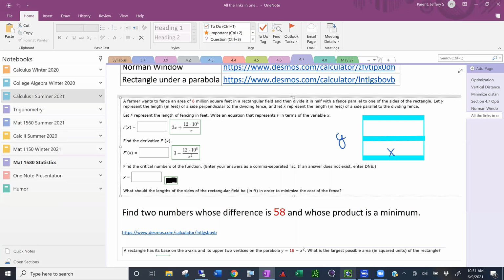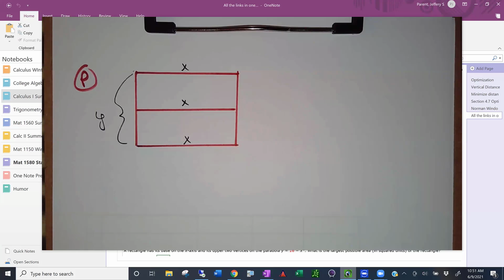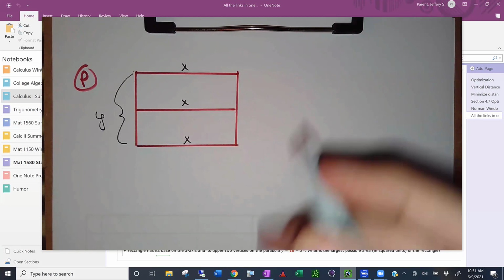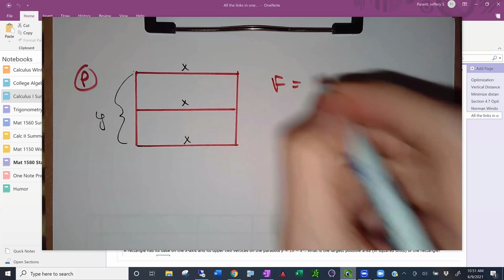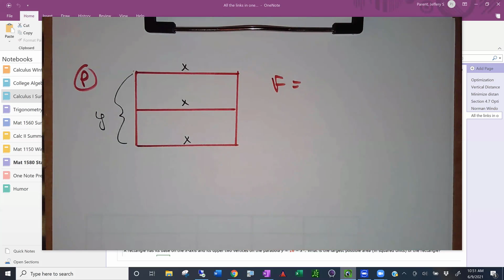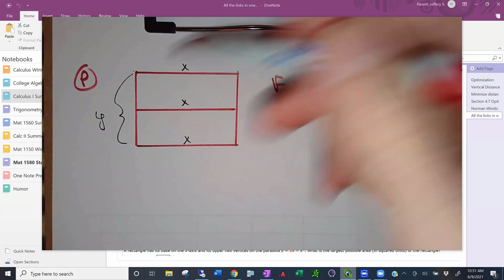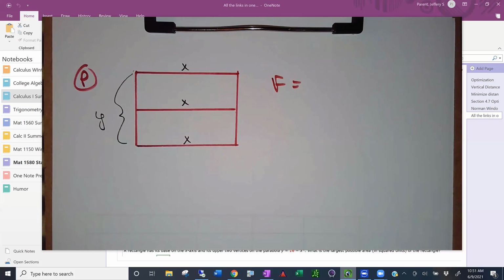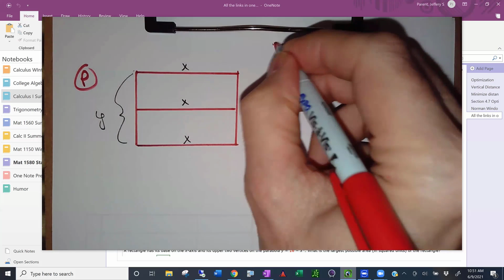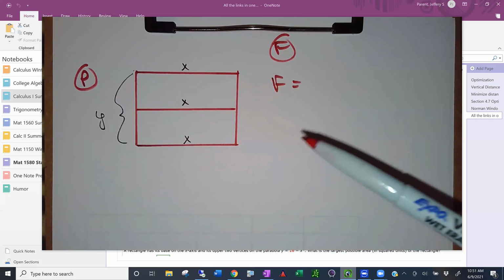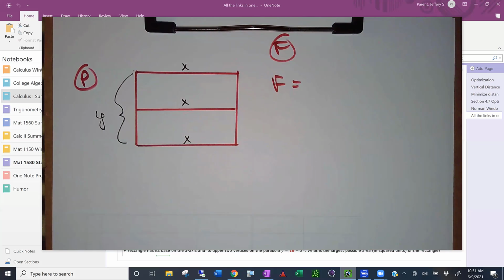All right, so let's take a look. So the amount of fencing that I need. Can anyone tell me how much fencing I need in terms of X and Y? Well, I guess there's one subtle thing about this.